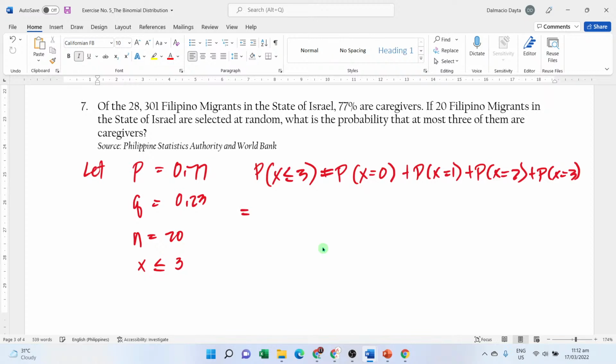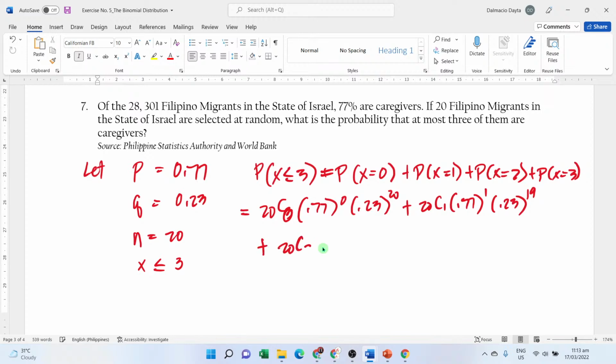Let us substitute the values, so that will be 20 combination 0 times 0.77 raised to 0, times 0.23 raised to 20, plus, for x equals 1, 20 combination 1 times 0.77 raised to 1, 0.23 raised to 19. For x equals 2, 20 combination 2, 0.77 raised to 2.